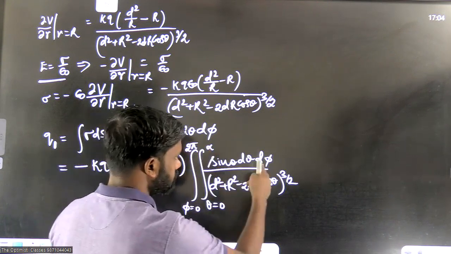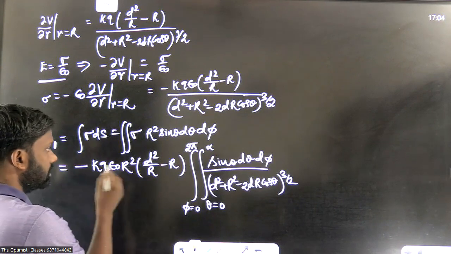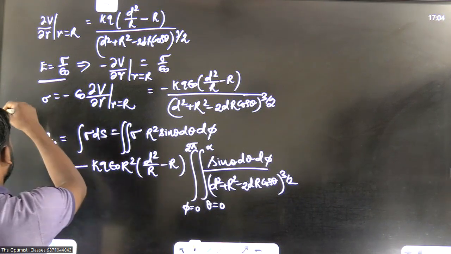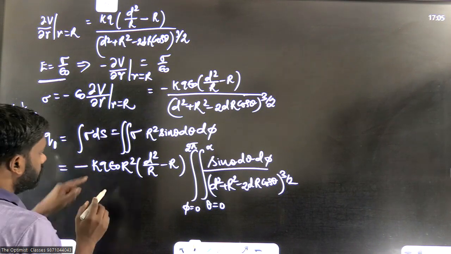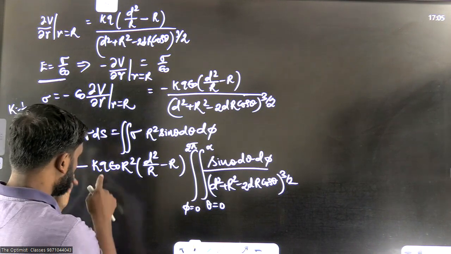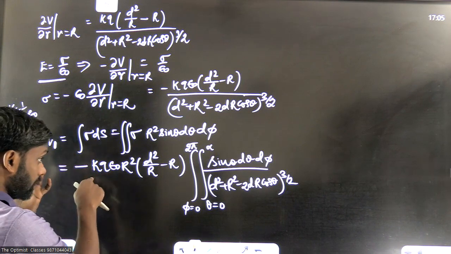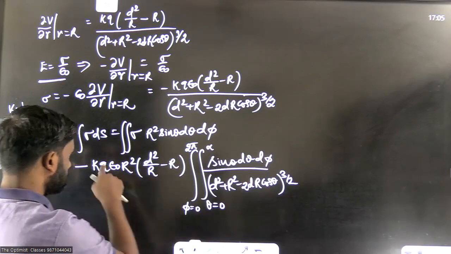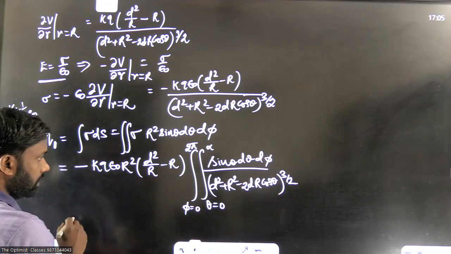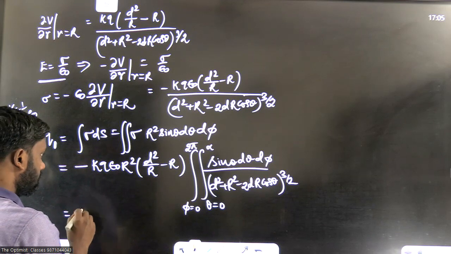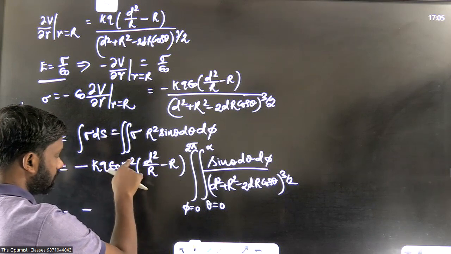There is no phi term inside, so this phi integral will directly give 2 pi. And K is actually 1 by 4 pi epsilon naught, that we all know. If we put 1 by 4 pi epsilon naught here, epsilon naught will cancel out, and the d phi will give 2 pi, so only a factor of 1 by 2 will be left. Taking the LCM, you get D square minus R square, so one R will cancel out.